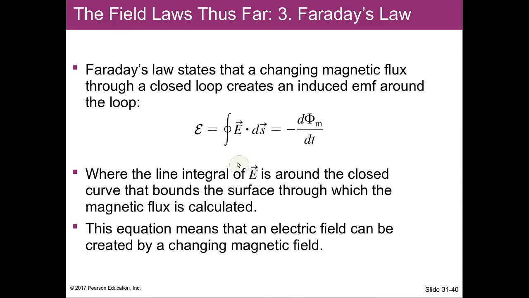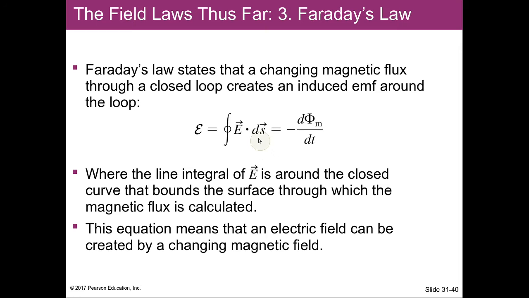We still have this weird little integral sign with the circle on it, reminding us that it's a closed path or surface, but it's no longer integrating over a closed surface.